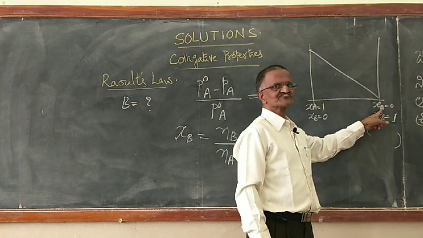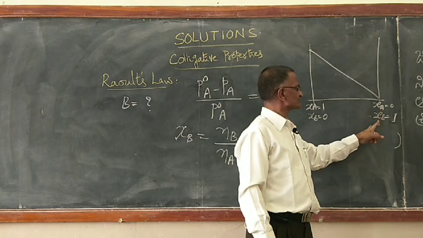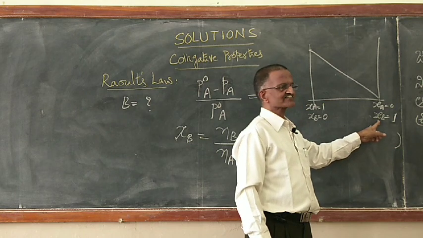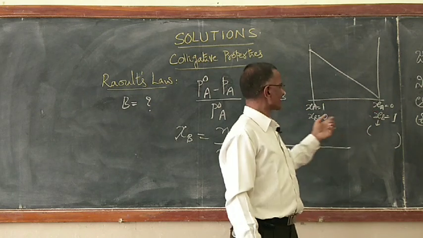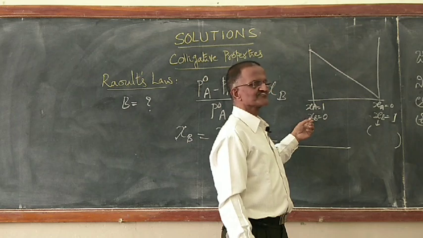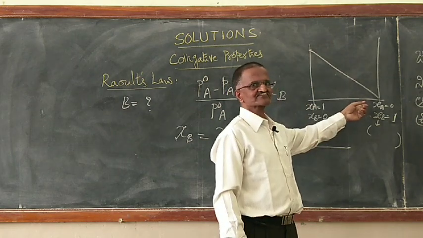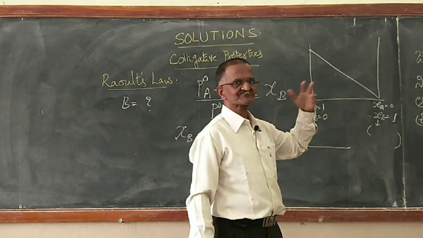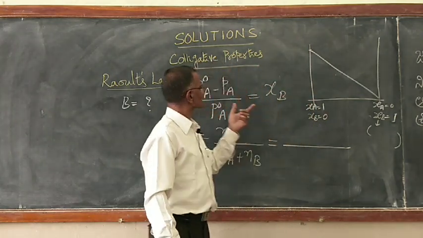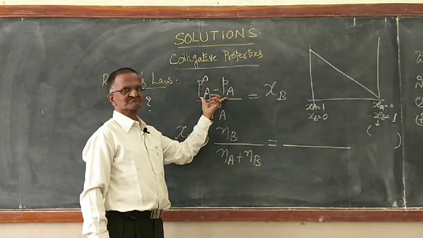Finally, there is no more solvent and only solute is present. What is the contribution? None. So, as the mole fraction of B increases, the vapor pressure contribution decreases, and related to that we talked about the lowering in pressure.